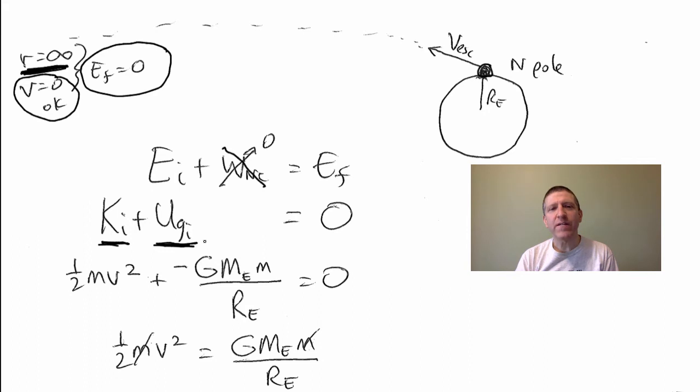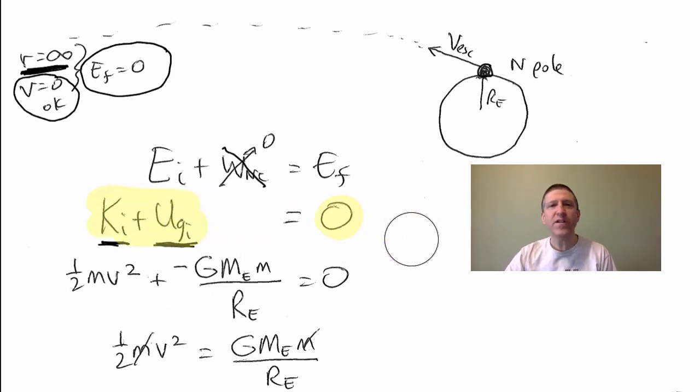The initial kinetic energy and the initial universal gravitational potential energy have to add to 0. They've both got to add to 0 so that it can make it to infinity with 0 speed.